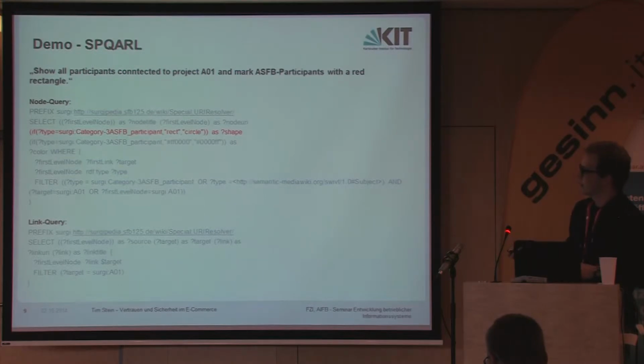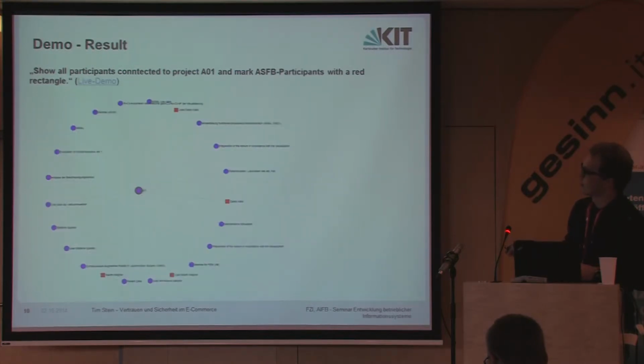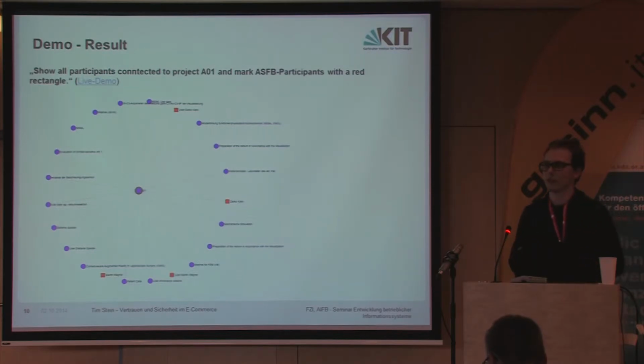On the next page I show you the result, and it looks like this. These are all the participants connected to the A01 project node, and the red rectangles are the AIFB students, which is done by the conditional queries.